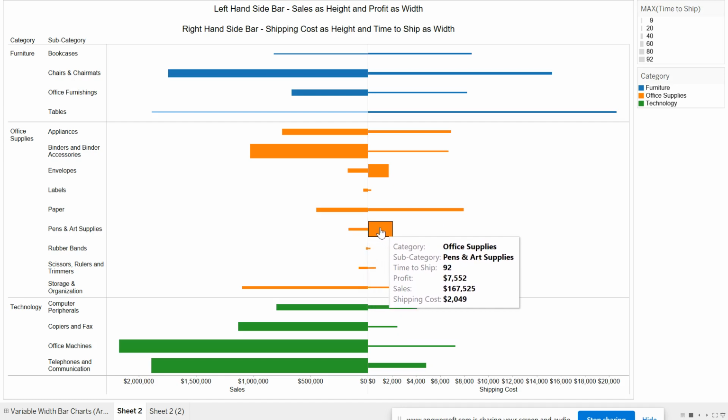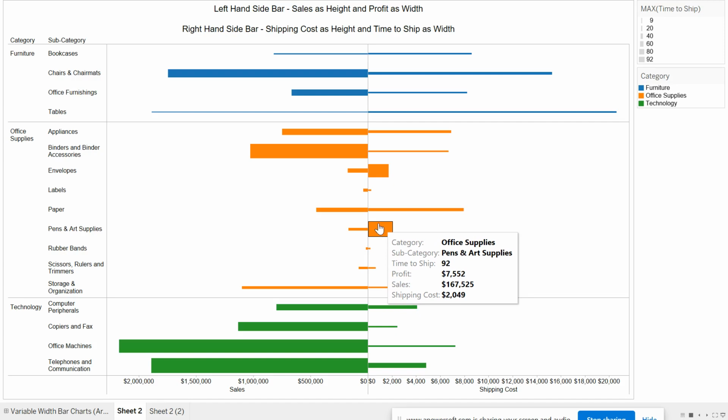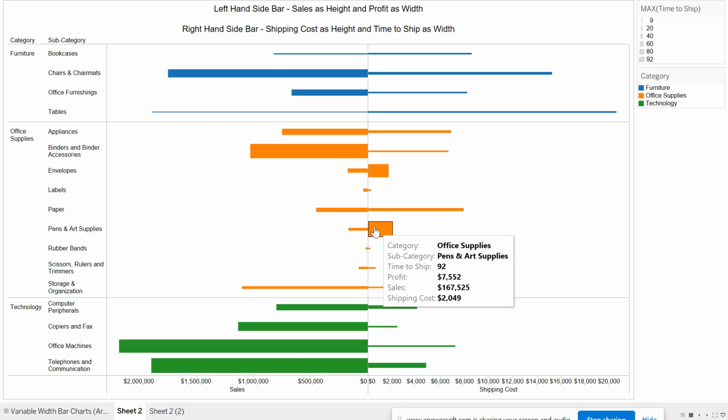That's why we can see the width of this is much greater. Here it is 92 days. What if you want to see the minimum time to ship of any of the products?